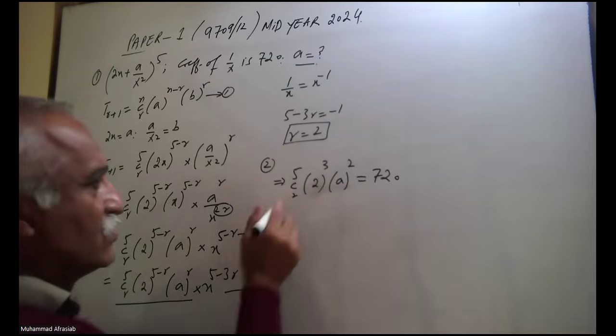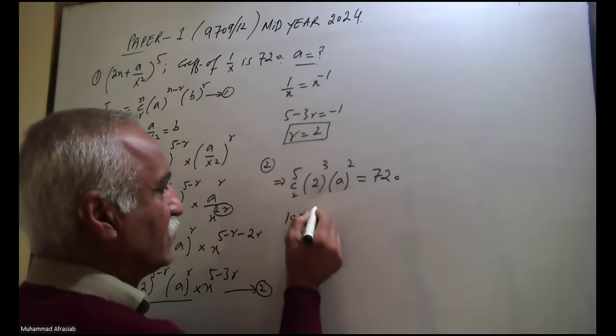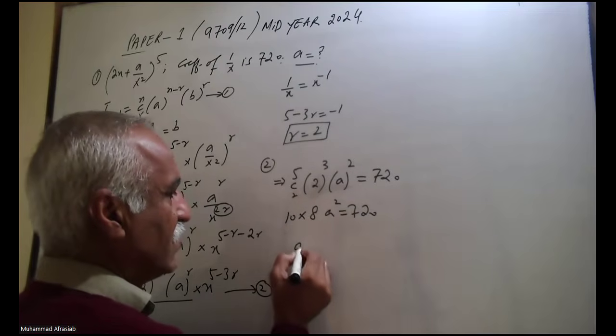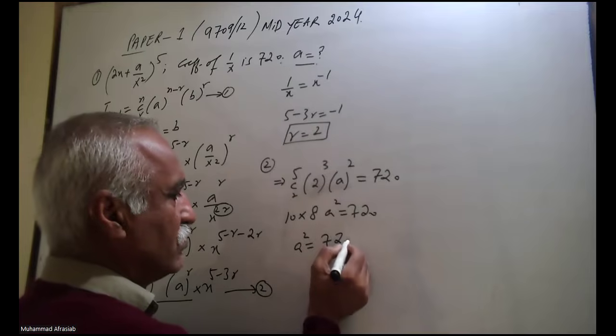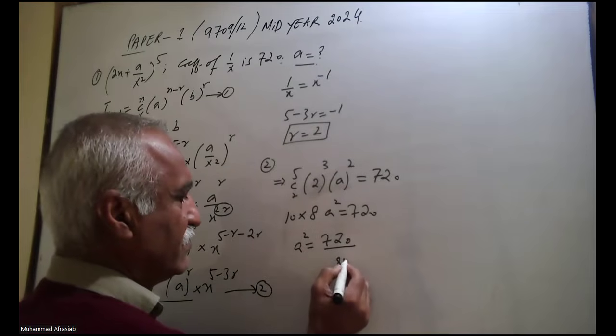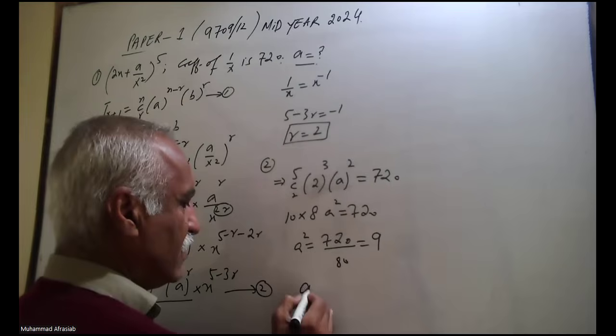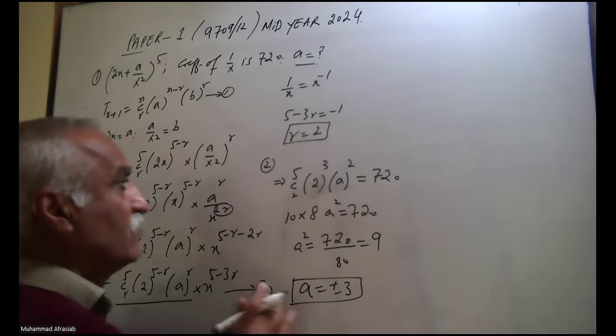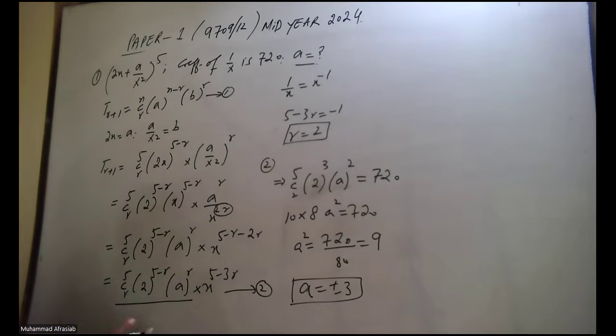So 5C2 is 10 into 8 into a squared is equal to 720, or a squared is 720 over 80, which is 9, or a is plus minus 3. These are the two possible values of a we get in this part 1.